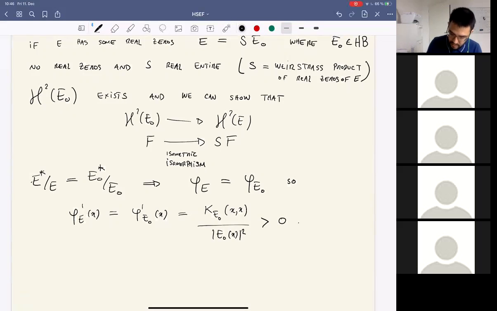And moreover, this bit here will also be equal to K_E(x,x) divided by modulus of E(x) squared, when x is not a real zero of E, and in a limit sense when it is. But this is always greater than 0. So that's the correct way of doing that. Any questions so far?